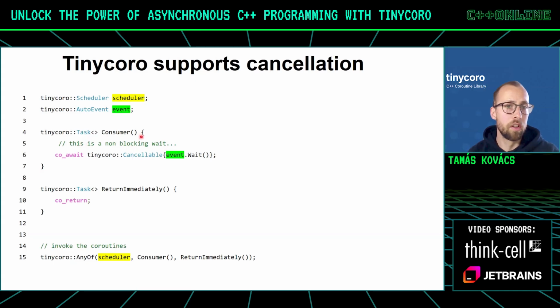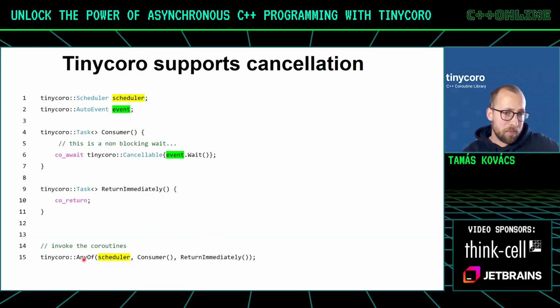One is the consumer, which is basically waiting for an auto-reset event, wrapped in a Tinycoro cancelable object. That makes basically almost everything available in Tinycoro cancelable. So if you have some event, then you can cancel it. And we have the return-immediately coroutine function, which, as its name says, returns immediately.